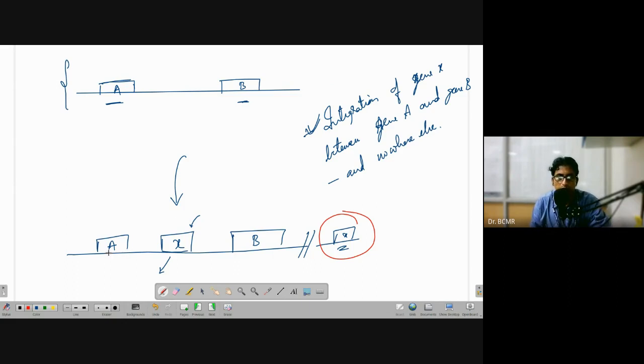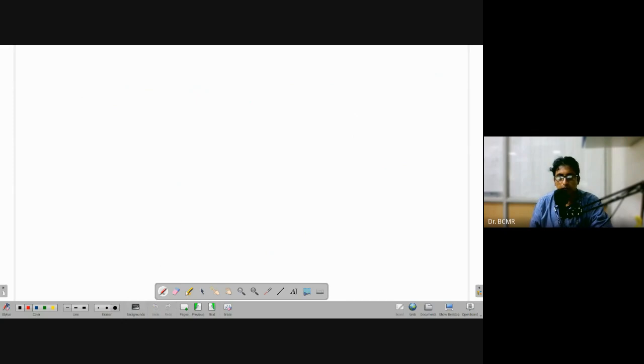So here, theoretically, we want the gene X to be between A and B. That is safe for us. And there should not be anywhere else. For this, we have to use two things. I'm trying to do it differently than what is already in the video, so you can also watch the videos, which are elaborate and in detail. I'm explaining because maybe you might not have looked at it.